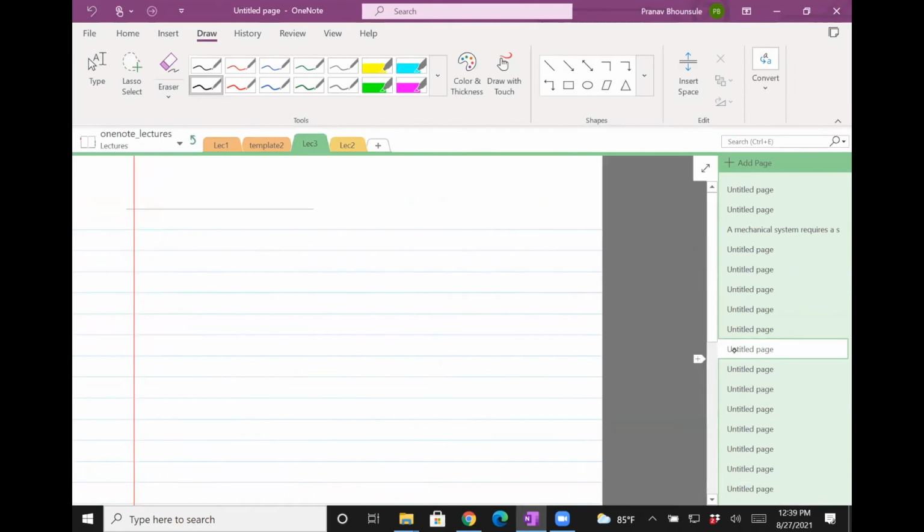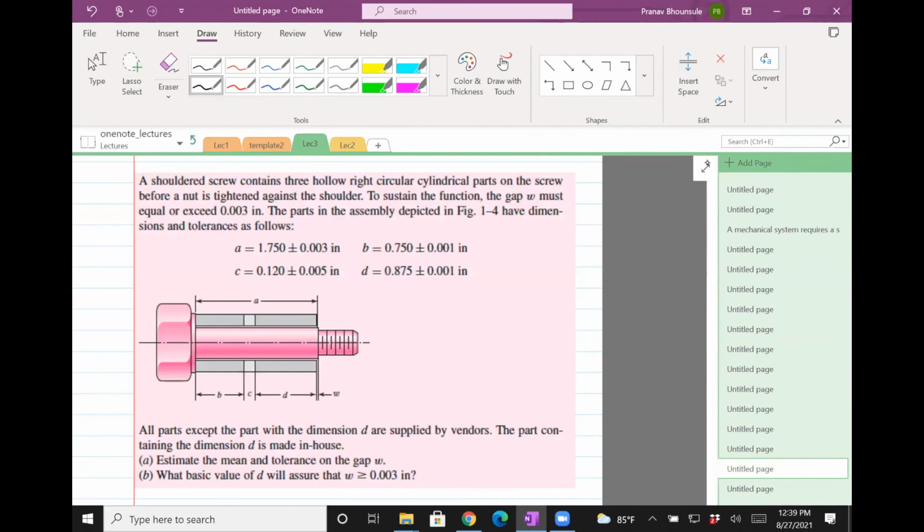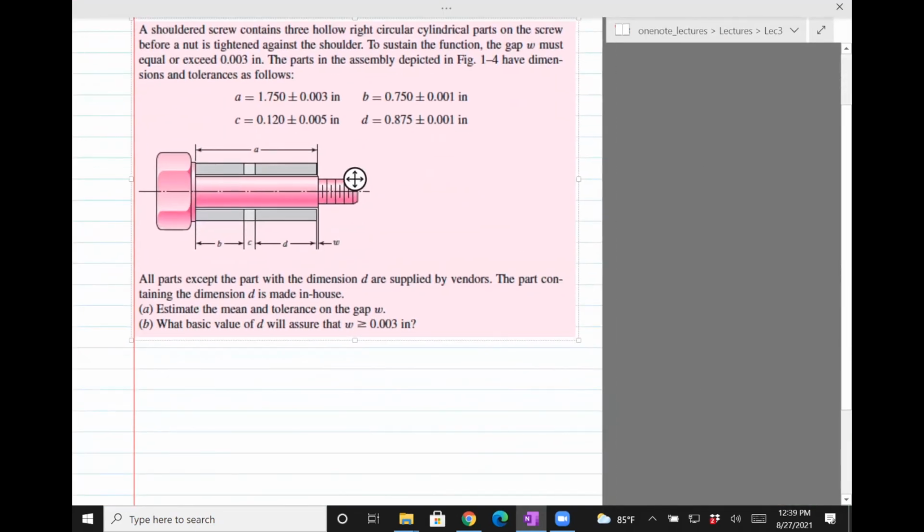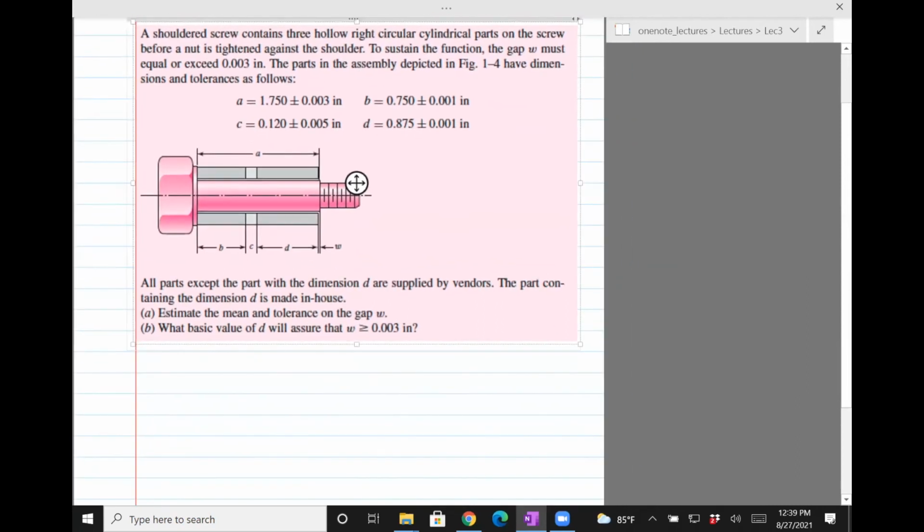I took this problem from the book. Let's see. So here it is. And I thought it was a little bit confusing the way it was solved in the book, so I'm going to try to solve it my way.